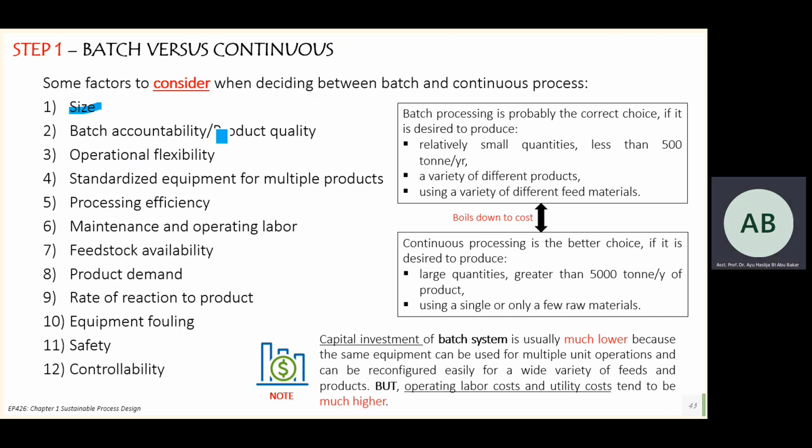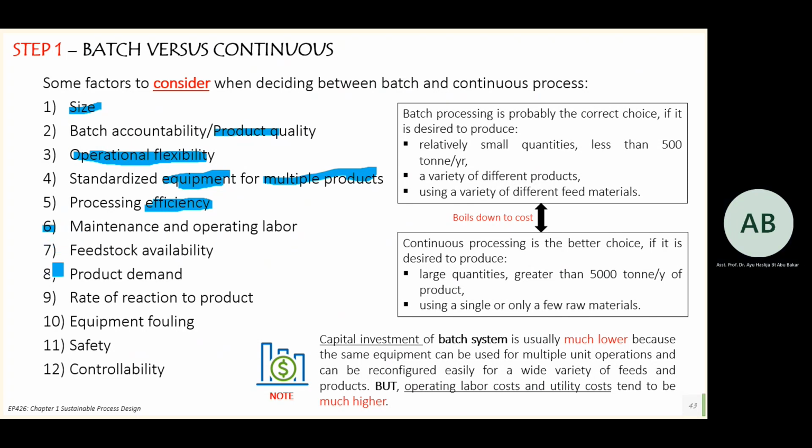Product quality. Then operational flexibility. Standardized equipment, equipment for multiple products. Efficiency. Which one is more efficient, batch or continuous? Maintenance and labor.